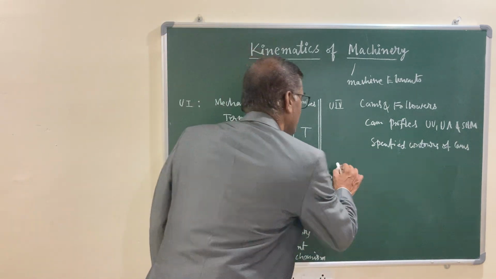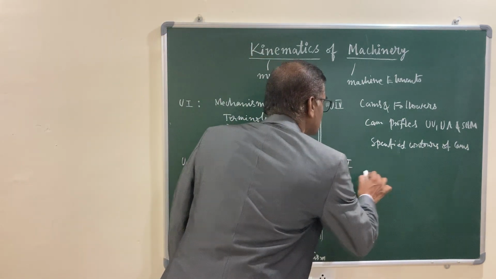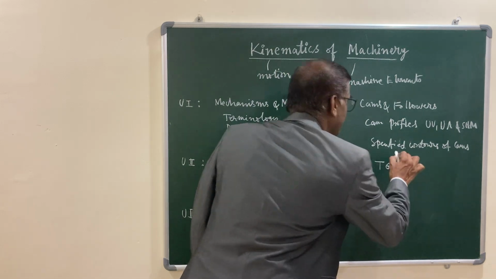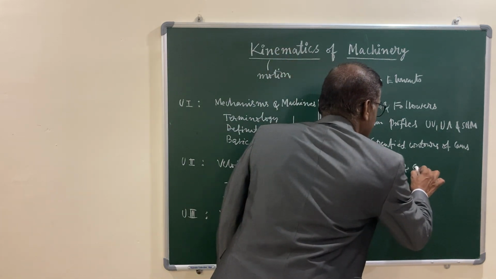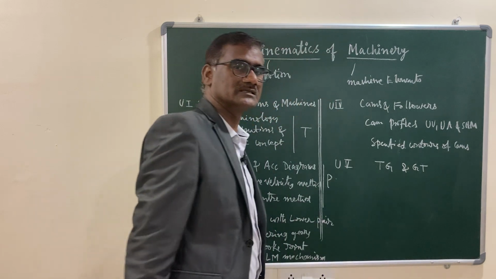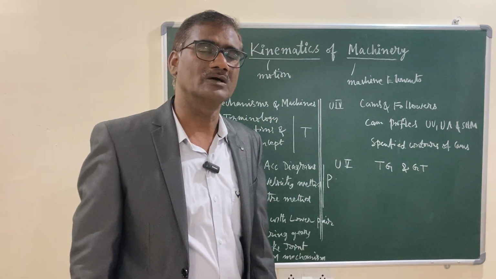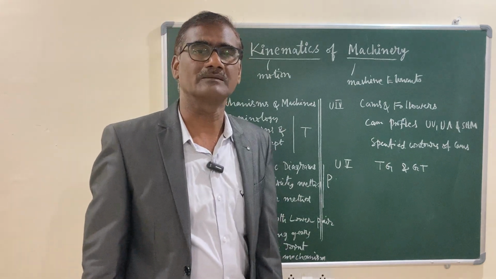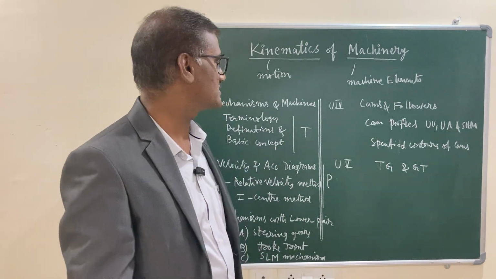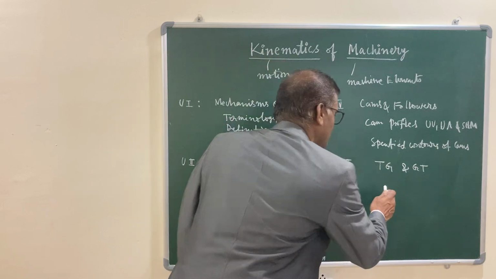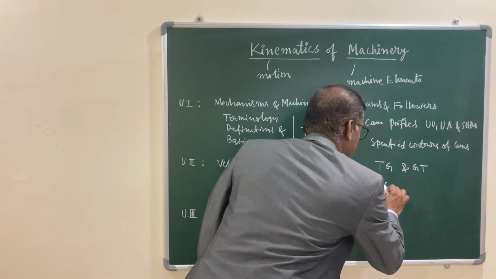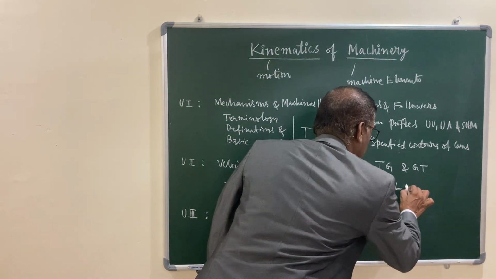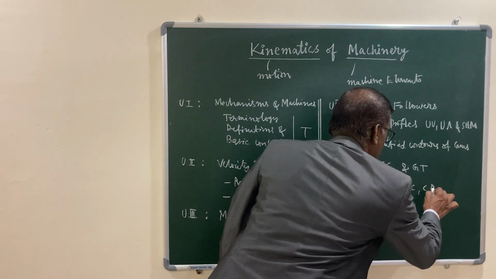And in unit 5, you have toothed gears and gear trains. In toothed gears, you will be deriving the expressions for the length of arc of contact, length of path of contact, and contact ratio.